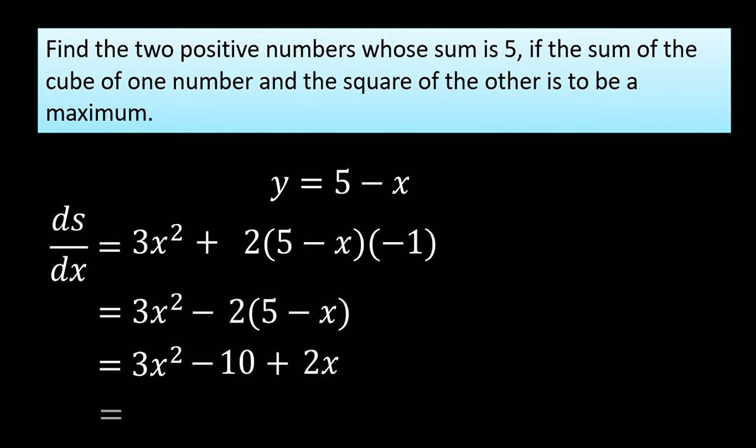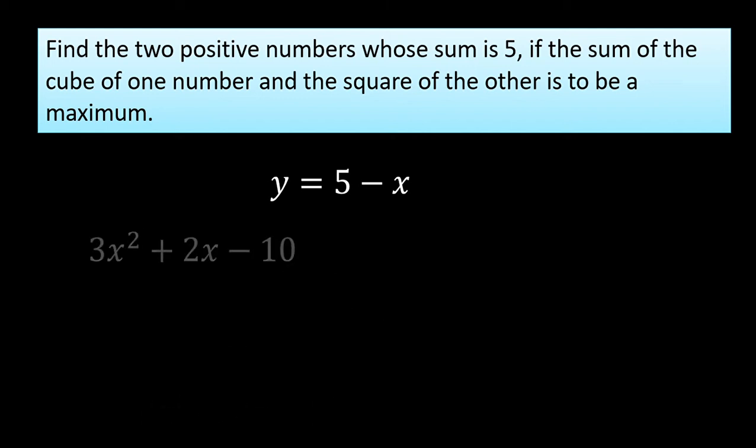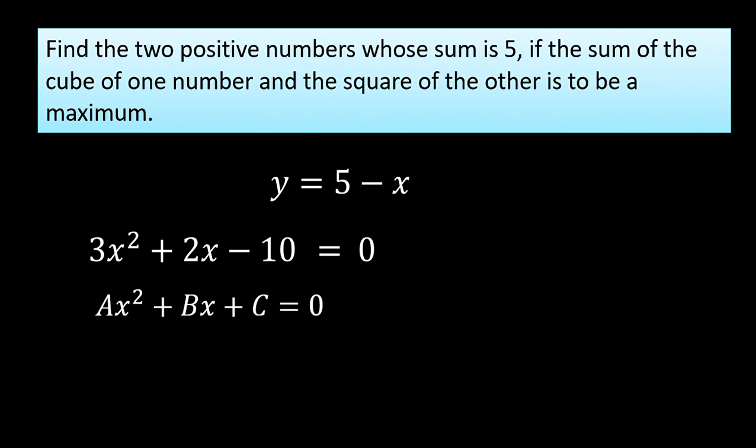As we can notice here, we have made a quadratic equation. By simplifying it further, we equate it to 0. This will now become a quadratic equation in the form ax squared plus bx plus c is equal to 0.